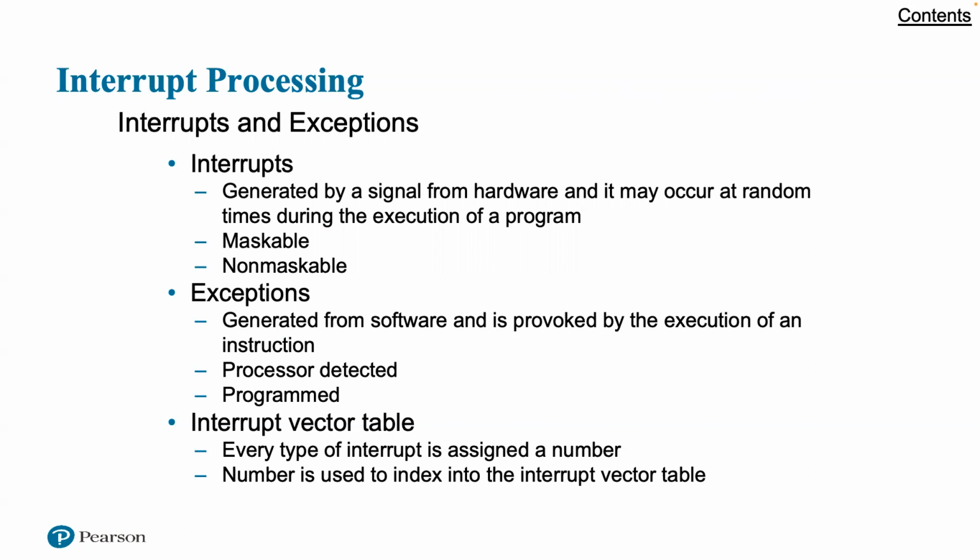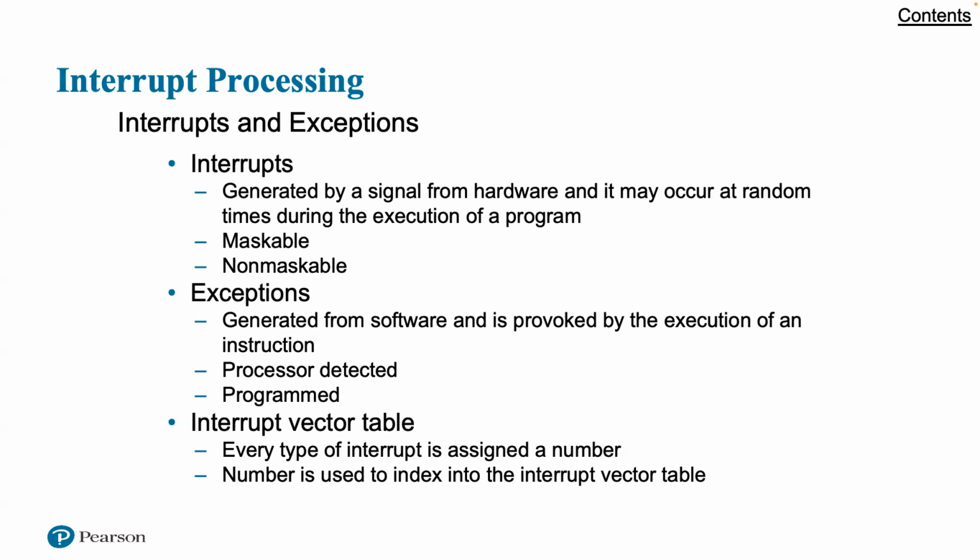There are two sources of interrupts and two sources of exceptions. So first, for the interrupts, maskable interrupts are received on the processor's INTR pin. So the processor does not recognize a maskable interrupt unless the interrupt enable flag is set.